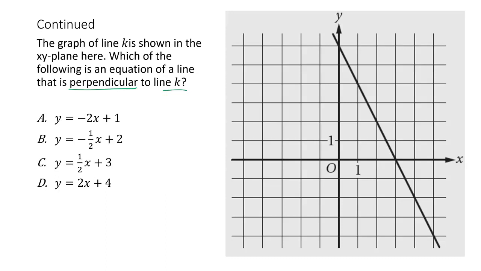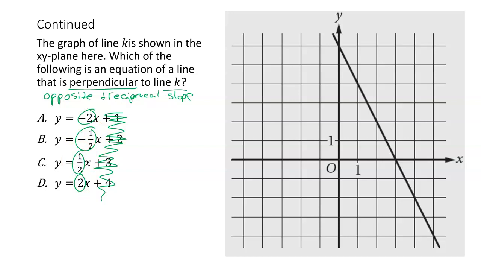The slopes have to be opposite reciprocals. So perpendicular lines have opposite reciprocal slopes. For all of these, I don't care about any of that other information. I need to find a line that has an opposite reciprocal slope to the one that's graphed.